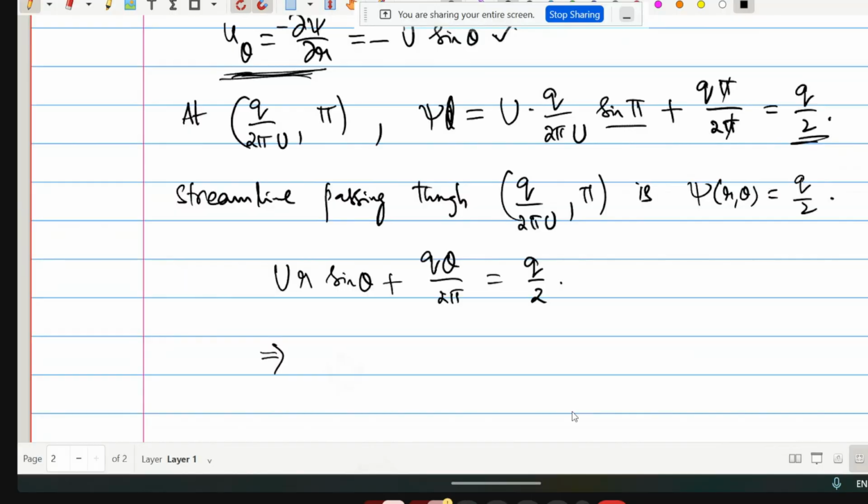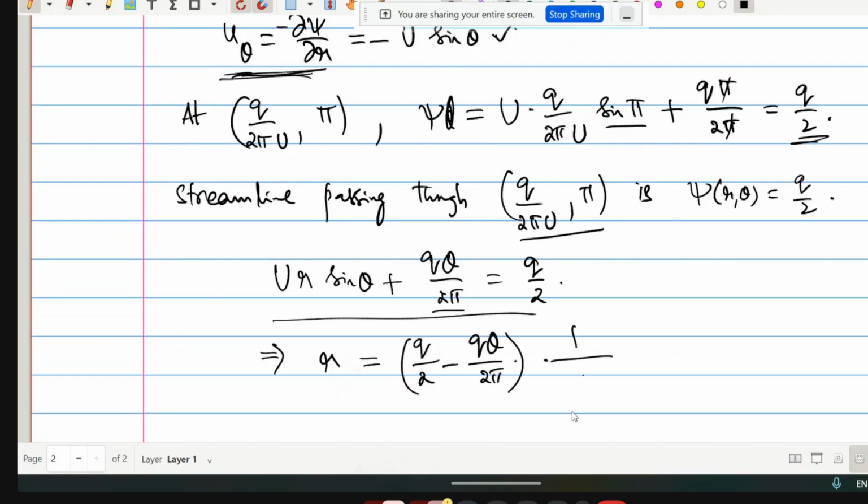This is actually a curve in the plane, the curve which is your streamline passing through the stagnation point. If you simplify this, you bring this to that side and you'll get r equal to Q by 2 minus Q theta by 2 pi, this whole divided by U sin theta.